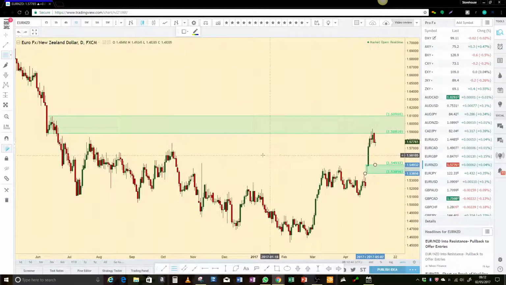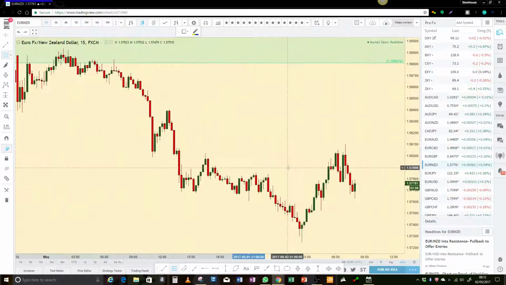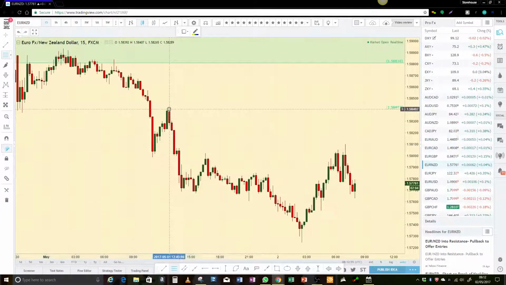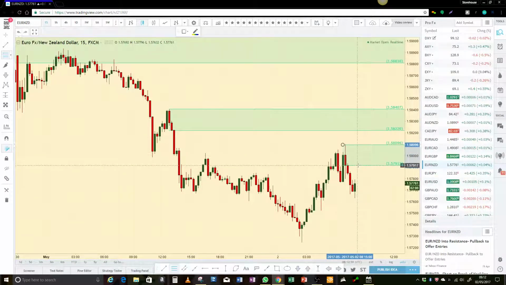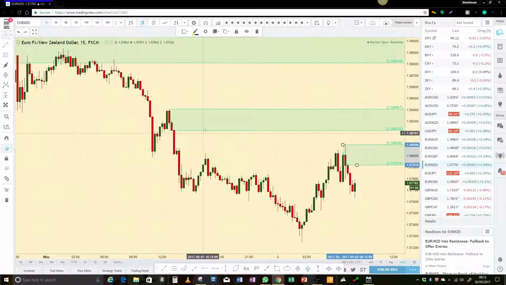Everything is still up, but we've now hit an area of supply, and we're coming off of that, and we are beginning to form supply zones. I prefer these ones up here personally. These are also levels, but I don't like the structure of that at all. But this one is more my style. So I'm going to keep an eye on that one as well.